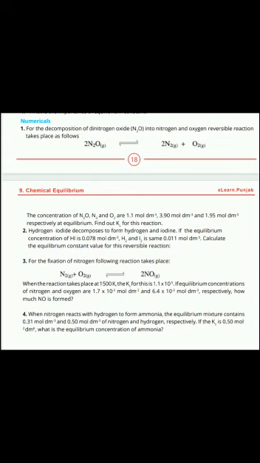Reactant is N2O, its coefficient is 2, so its power is 2. By putting all values, you will be able to find the value of Kc by simple calculation.